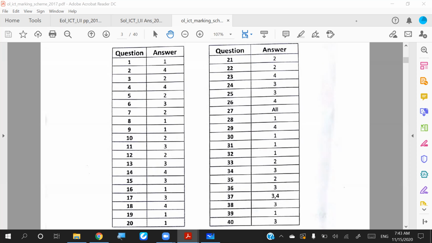There are 5 in the room. Has everyone completed the 2017? I hope everyone has completed this one. Yes, Himanadi, it's okay. So just send me the things. And Geetaka, have you completed?